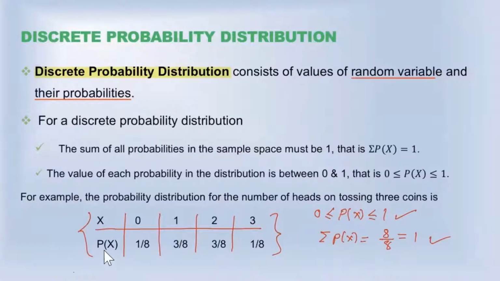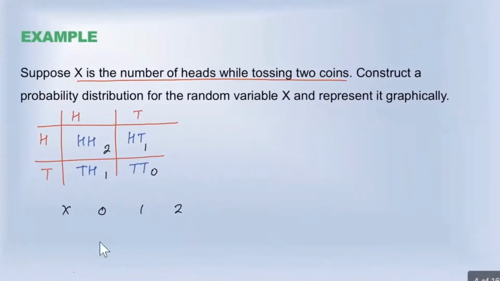Now, when you construct the discrete probability distribution, you need the X values and their corresponding probabilities. So here also we are going to find the probability P of X. For 0 heads, we have one possibility out of 4. So this is 1 over 4 or 0.25.